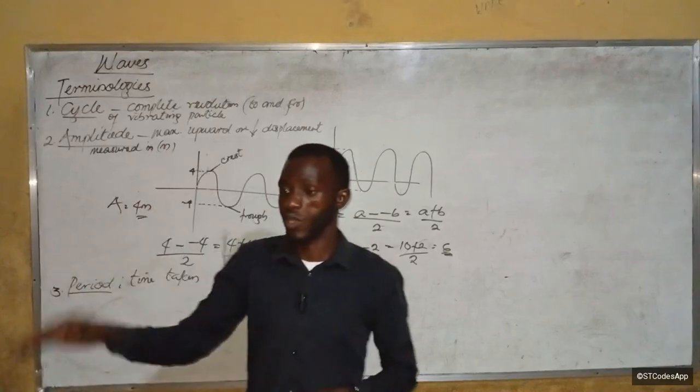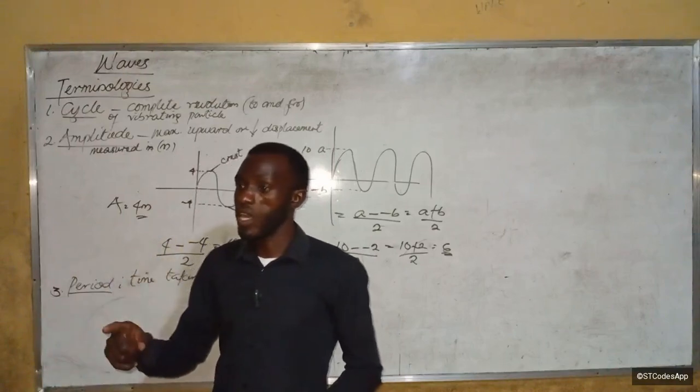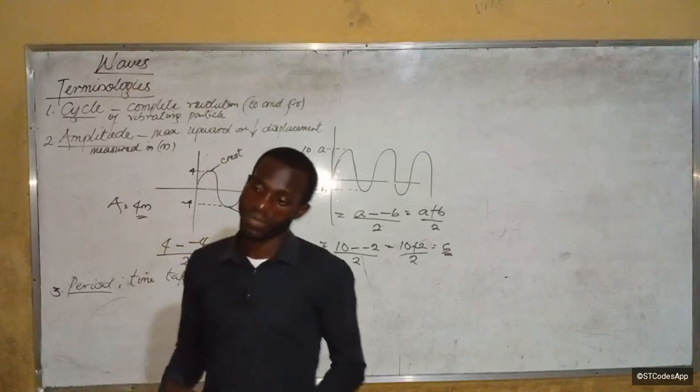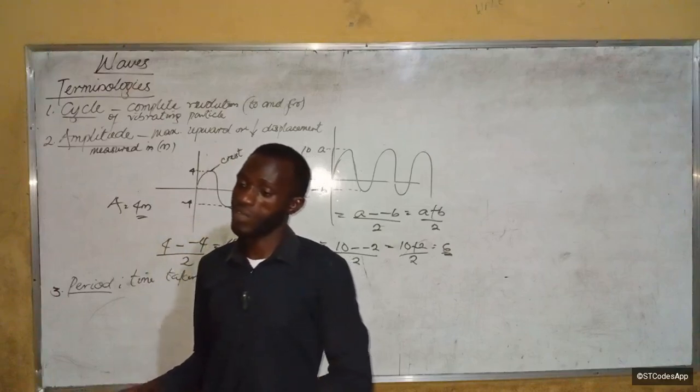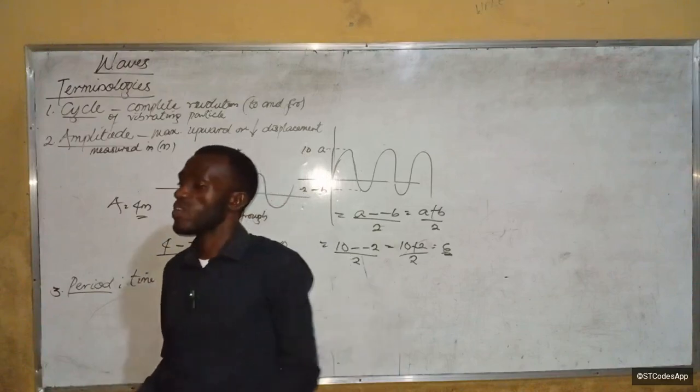So those are the 3 terms that I want to use for it. Is that okay? Because cycle there refers to revolution, revolution there also refers to wavelength. A wavelength is a complete cycle.